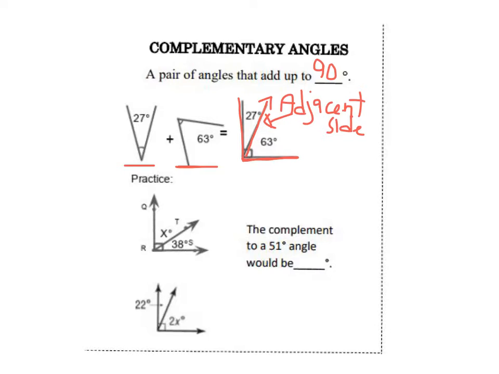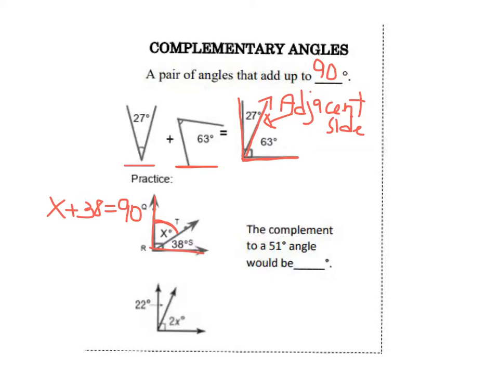Okay, now that we have that, we know that any two angles that create a right angle should add up to 90 degrees. So let's look at the first one. We have a missing angle measurement. So we're going to write an equation and then solve for x. So I know x plus 38 will equal 90 degrees.